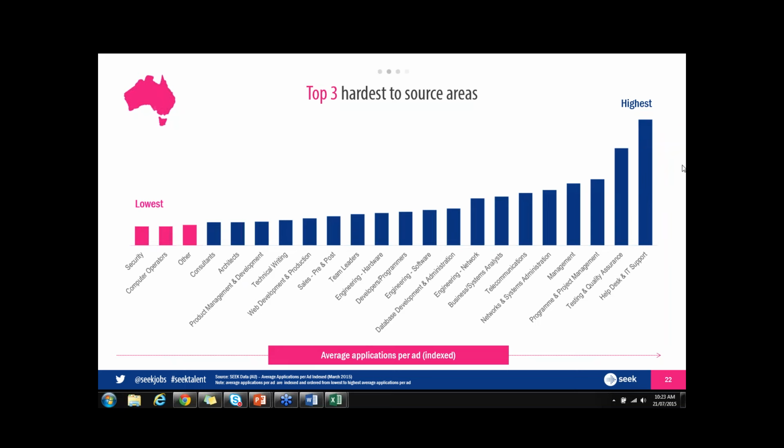Some people have just asked, I will answer this one, where do you go to get this data right now? I'm going to give it to you. So in your Handouts section, there's the Australian data, and it has every single classification mapped this way, from highest applications per ad to lowest, and I've done it down the page. But for the next slide, what I'm going to show you is salary, okay?